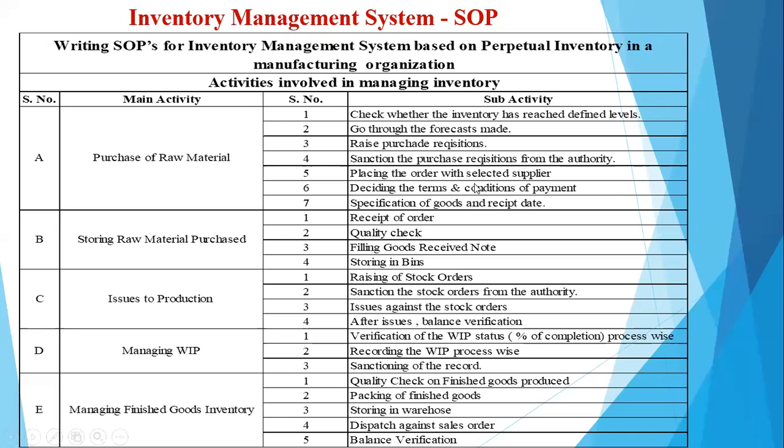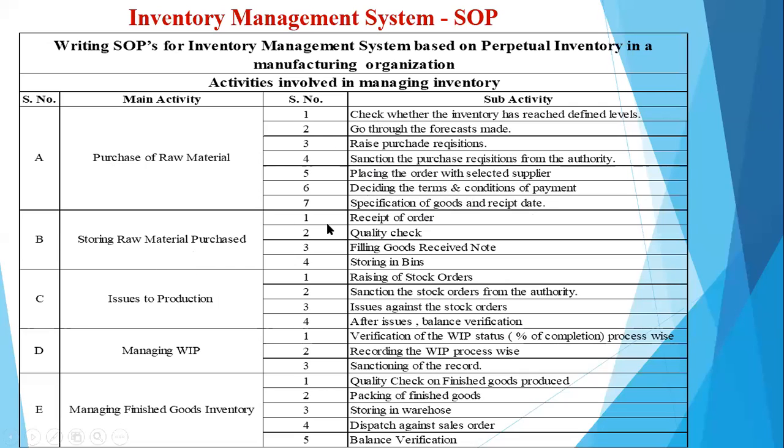Then place the order with the selected supplier, deciding the terms and conditions of payment, the specification of goods and the receipt date. Once this is finalized, the order could be used. These are the activities we can look into in purchasing of the raw material.